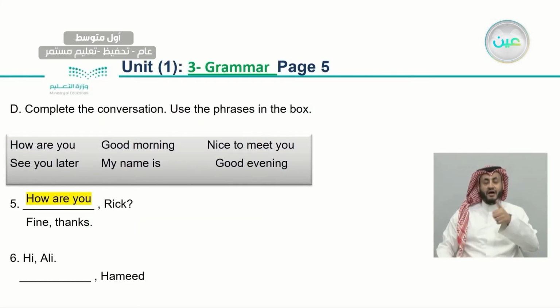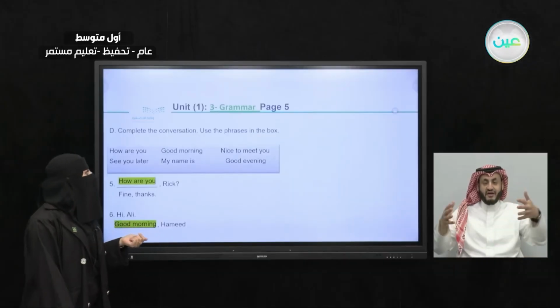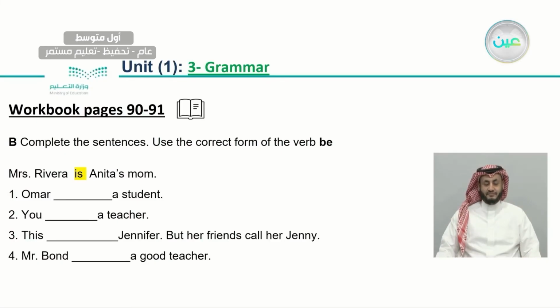Number 6, hi, Ali, and then space, Hamid. What do you think is the answer? Try to think. I know you're thinkers. Good morning, Hamid. And by the way, you could say good morning or good evening based on the time of the day you are doing this assignment.